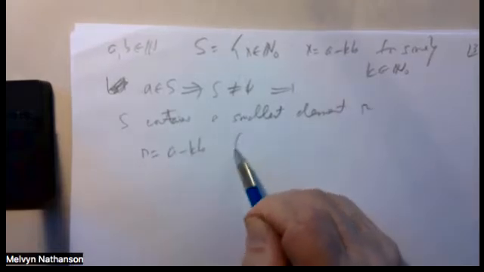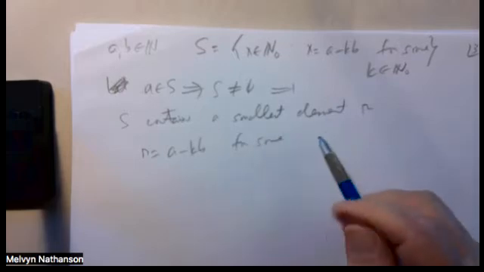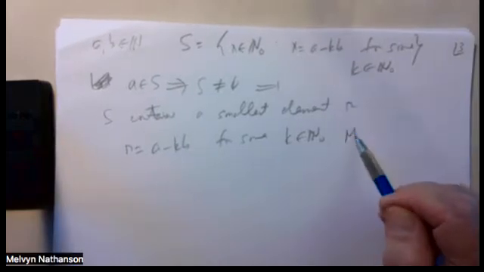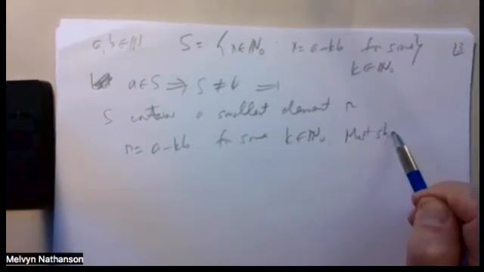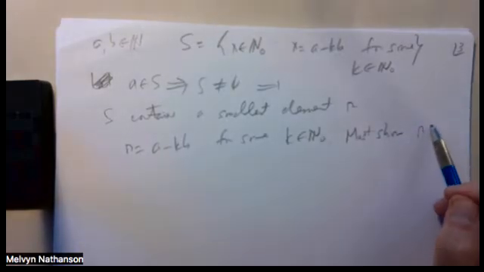So r is a minus kb for some non-negative integer k. And I want to show that r is less than b.